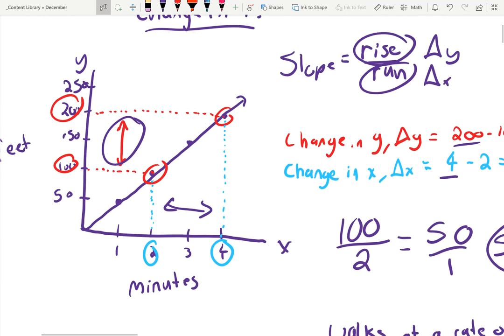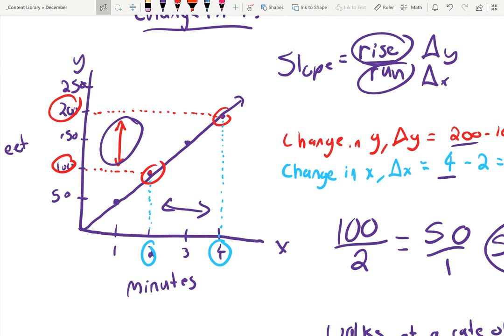So what you don't want to do is take, for example, the y value here first, and then this one second, like 200 minus 100, but then taking this x value first and then this x value second. In a sense, you'd be doing 2 minus 4, right? So notice on the top here, 200 minus 100, the 200 comes from what I consider point 2.